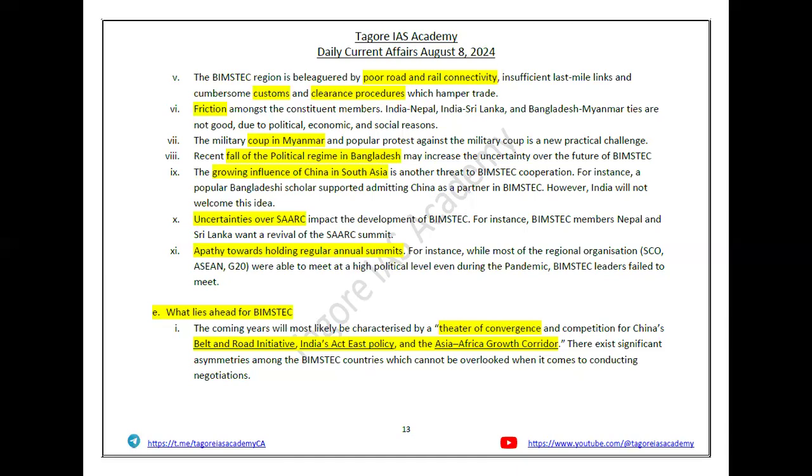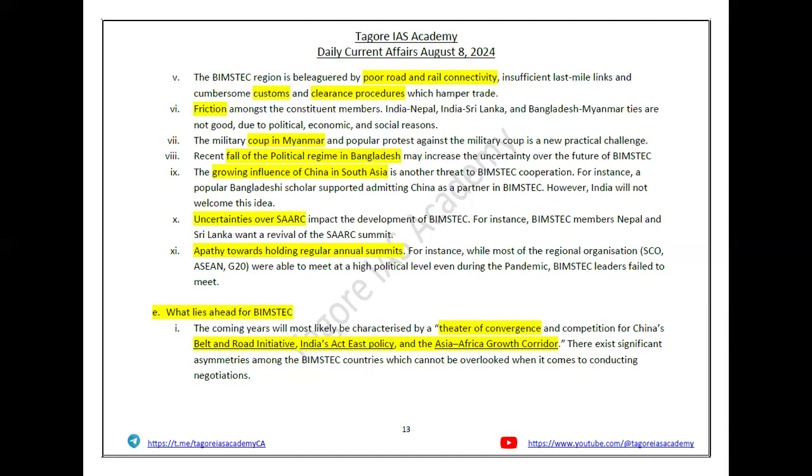Next is the China factor. China does interfere. Based on its own strength, it has always influenced the foreign policy of such countries. You can see here that Bangladeshi scholars support admitting China as a partner in BIMSTEC. So imagine, it is very unlikely that India will support this idea, right?